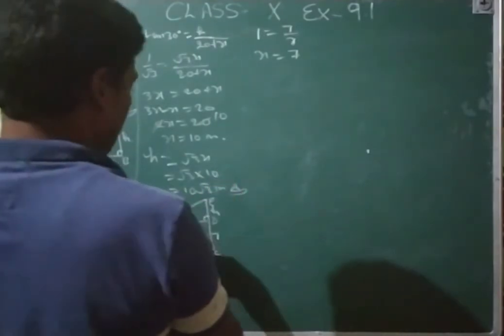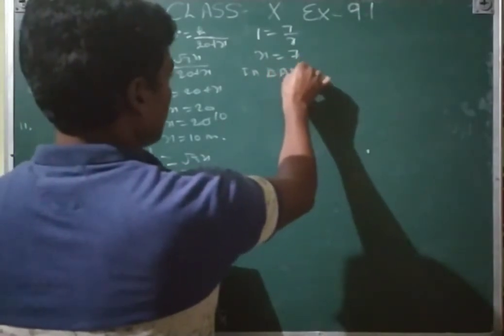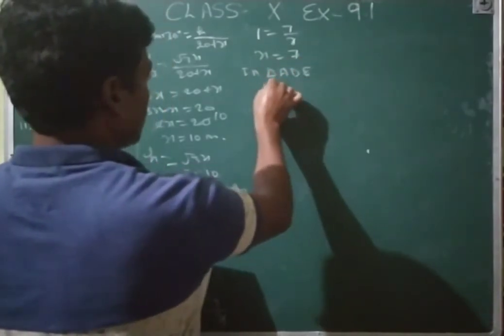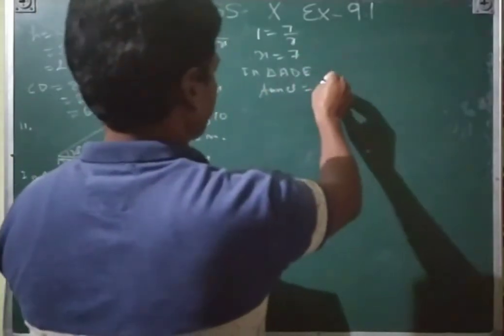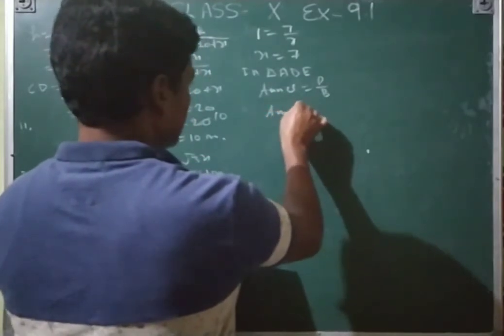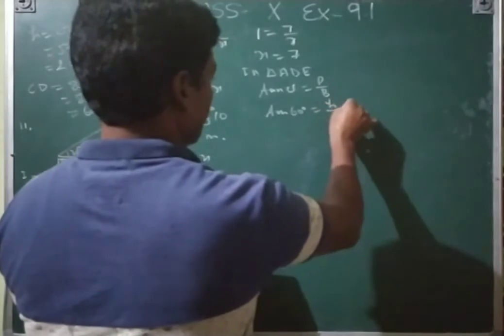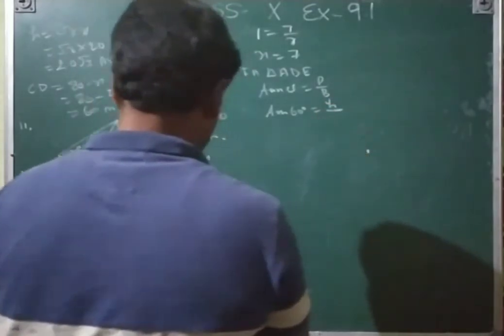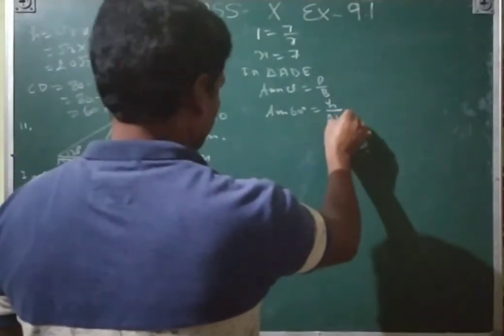Now in triangle ADE, tan theta is equal to P upon B. So tan 60 degree is equal to H upon B, the same thing, and the base we can write as AD.